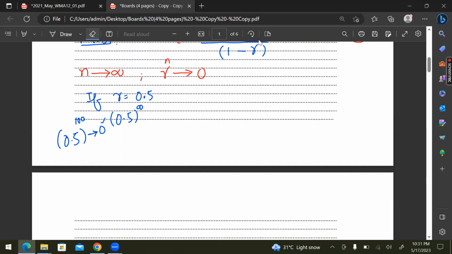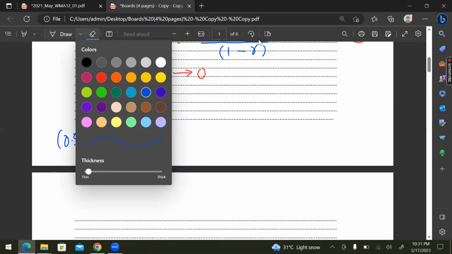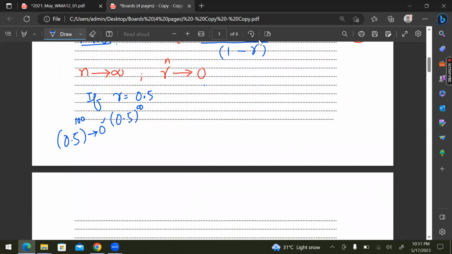So after giving this explanation, in the proof you will simply write that r power n approaches 0 as n approaches infinity. For example, 0.5 to the power infinity approaches 0, and infinity you can't write in the calculator, so 0.5 to the power 100 is a very big number.